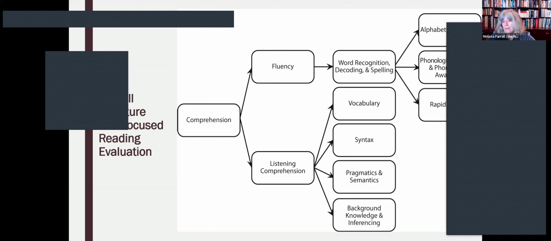So in my chart here, I'm not talking about working memory. We're not talking about processing speed. I'm not talking about the role of visual spatial thinking and how that contributes. So this is a real focused look at reading, but it really could be much larger.